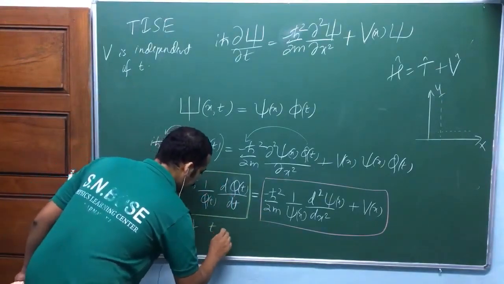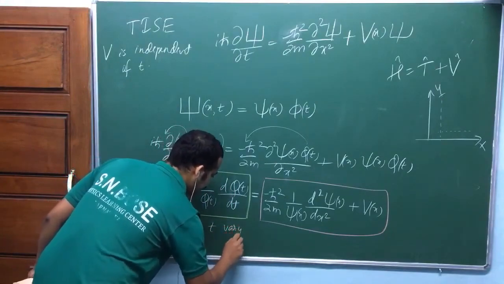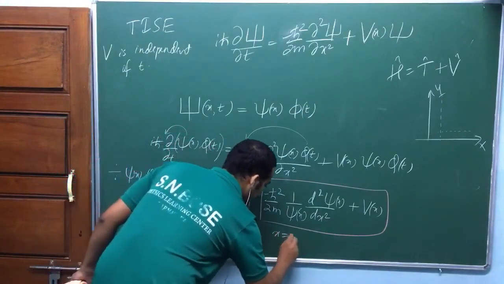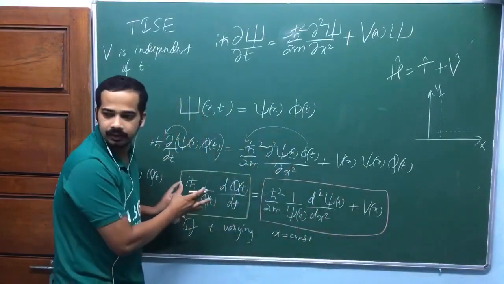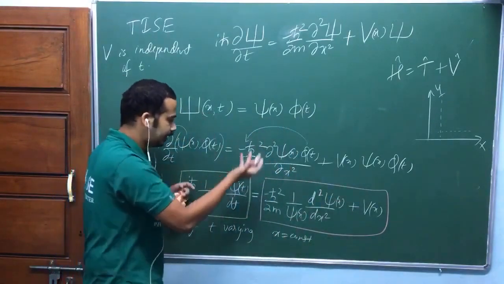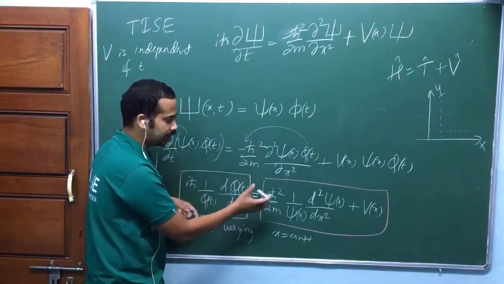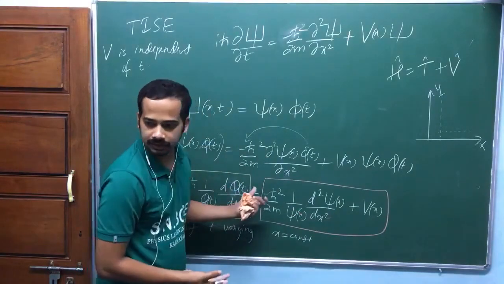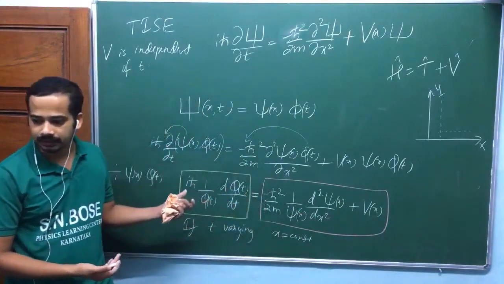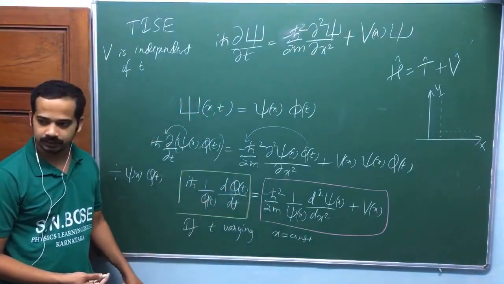If t is varying, x is equal to constant. This part will not vary, but this part will vary. That means if this is constant and this varies, then this equality will become inequality. That equality will not be valid if it varies, isn't it?